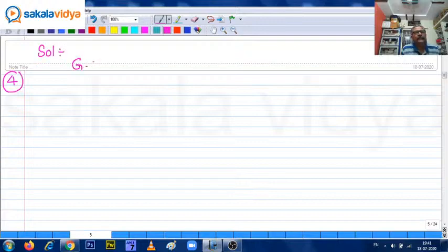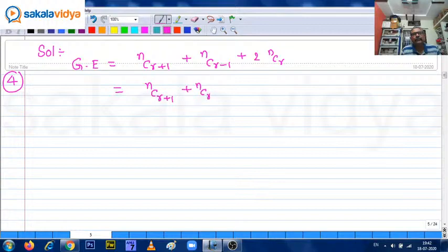Here given expression is NCR plus 1 plus NCR minus 1 plus 2 times NCR. Let us split 2 NCR as NCR plus NCR. This can be written NCR plus 1 plus NCR as one group plus NCR plus NCR minus 1.